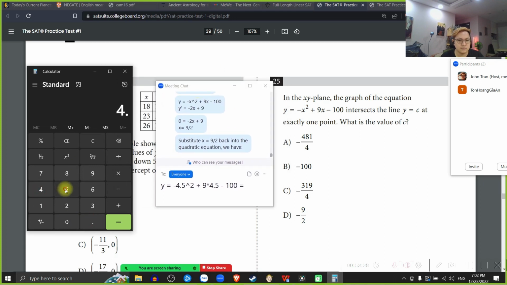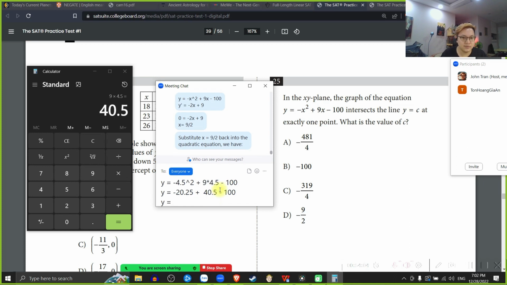(4.5 squared. You have y equal to minus 20.25 plus 9 times 4.5, it's 40.5, and then minus 100.